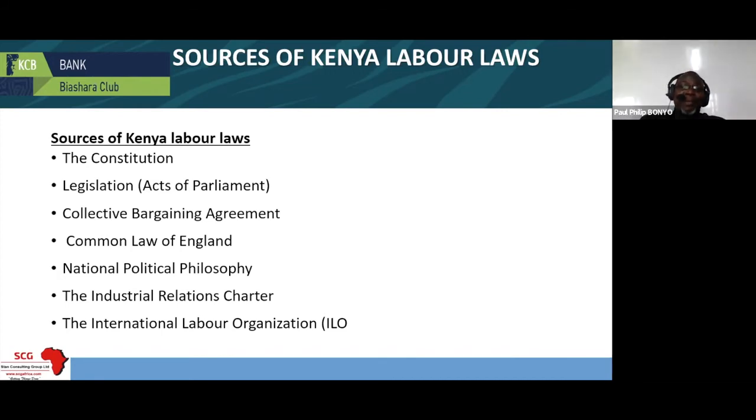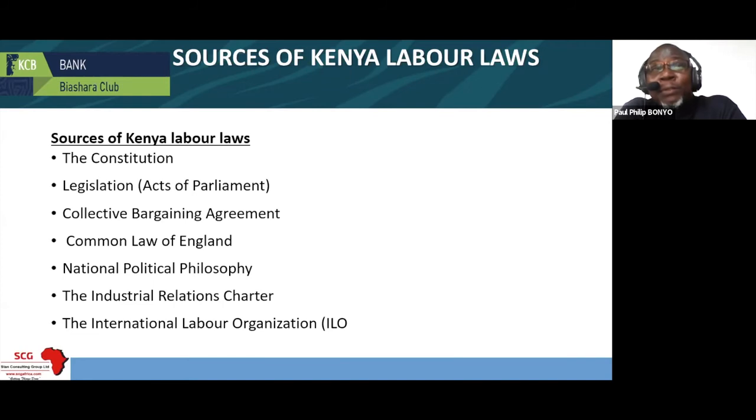Collective bargaining agreement is another source of labor laws. By collective bargaining agreement, we mean that employers and employees do have disputes. Those disputes are required to be settled by bargaining collectively through the employer or employers' organization, as well as trade unions or employees.